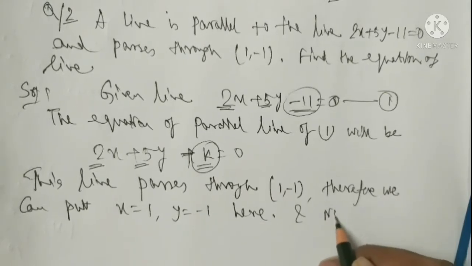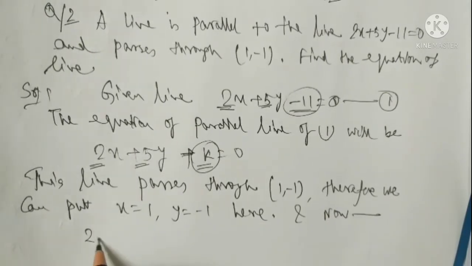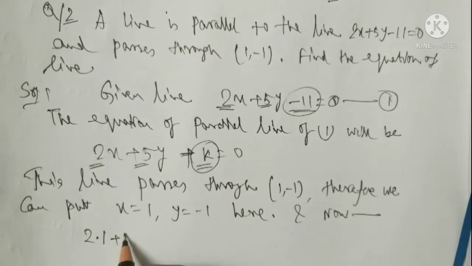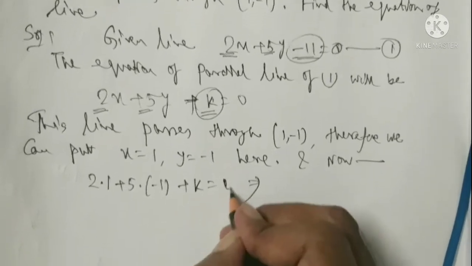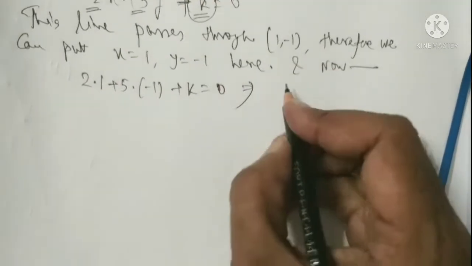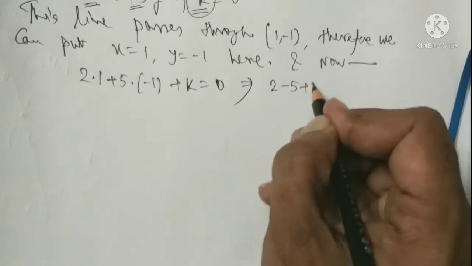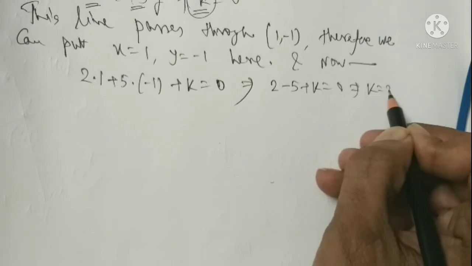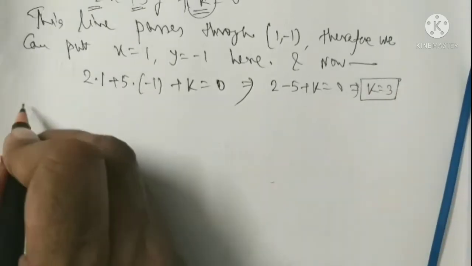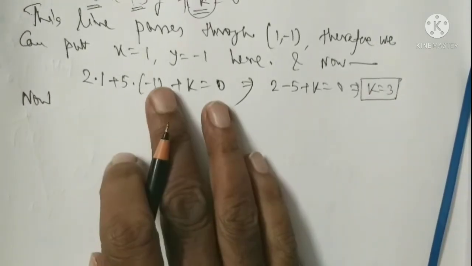Now 2 into 1 plus 5 into minus 1 plus k equals 0, which implies 2 minus 5 plus k equals 0, which implies k equals 3. The only unknown in our problem was k.